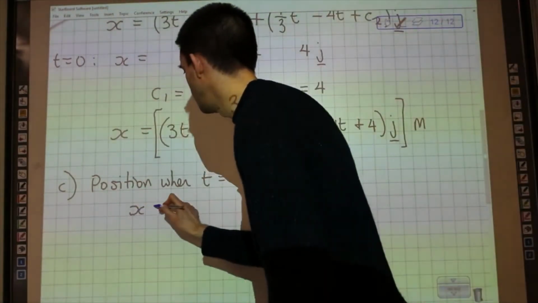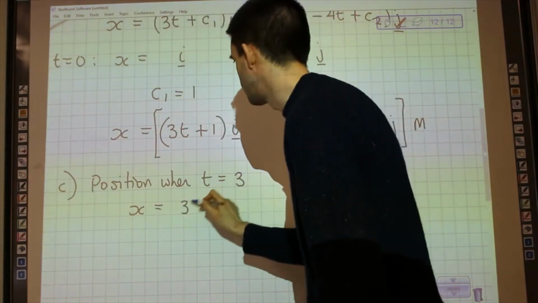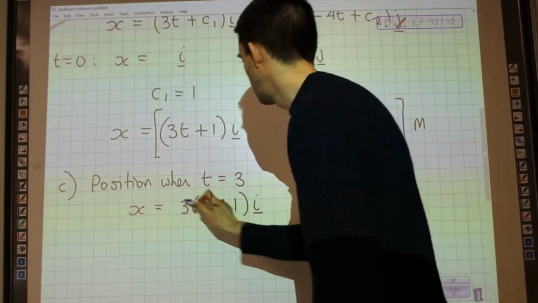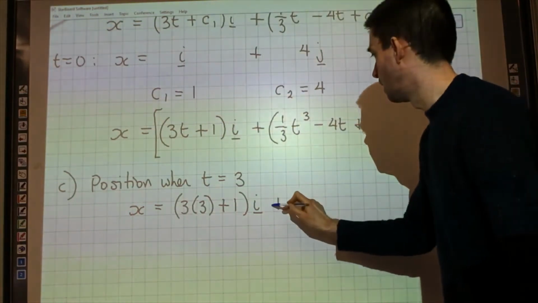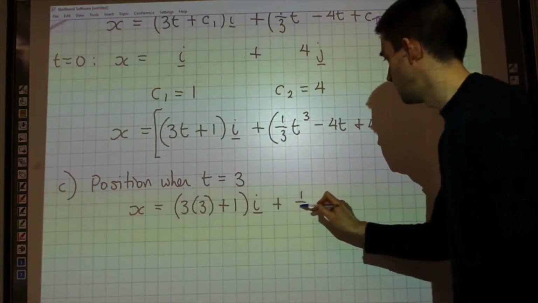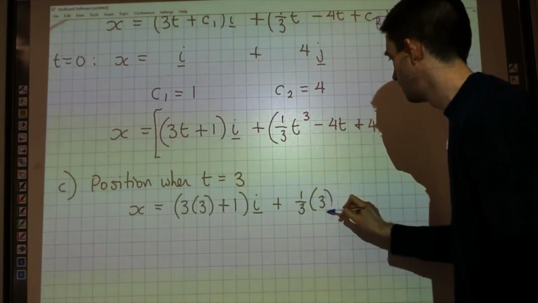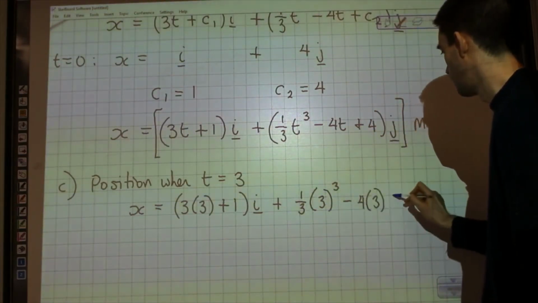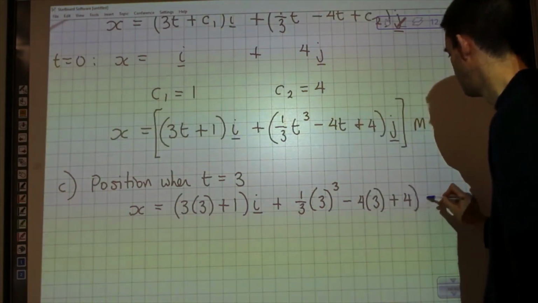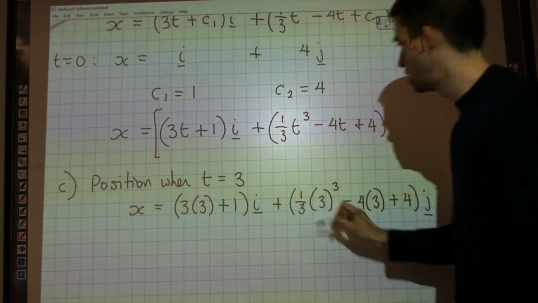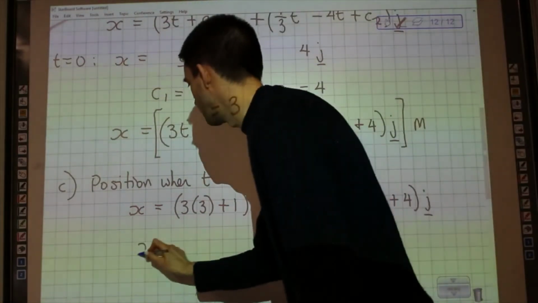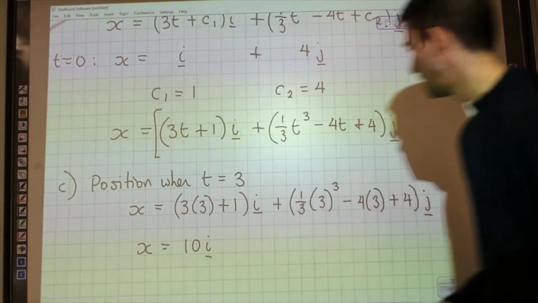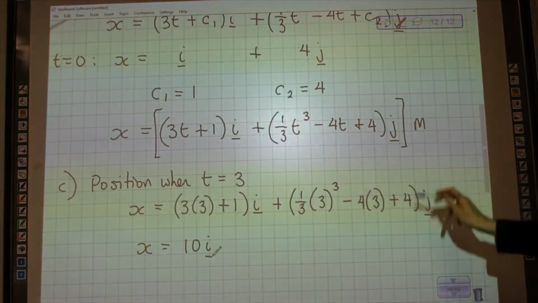So x equals 3 lots of 3 plus 1 for the i component, and substituting 3 into the j component, 1/3 of 3 cubed minus 4 lots of 3 plus 4, which gives me that the position after 3 seconds is 10i plus (9 minus 12 plus 4) j, which is 10i plus j.